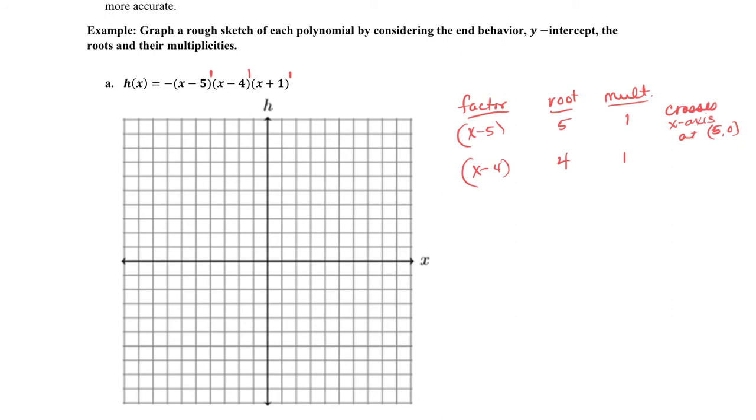Again, the multiplicity is 1, so this is going to cross the x-axis at the point (4, 0). And finally, my last factor is x plus 1, which means the root is negative 1. Multiplicity again is 1, so it's going to cross the x-axis at (-1, 0). I already know a good bit about how this graph is going to behave.